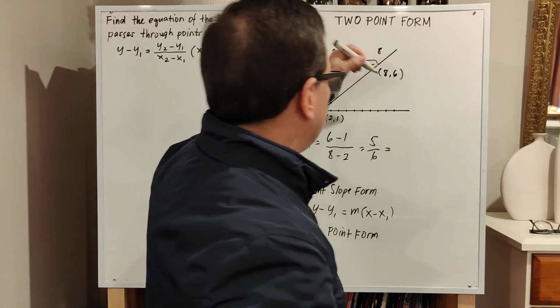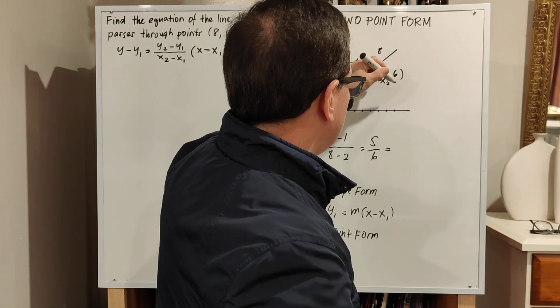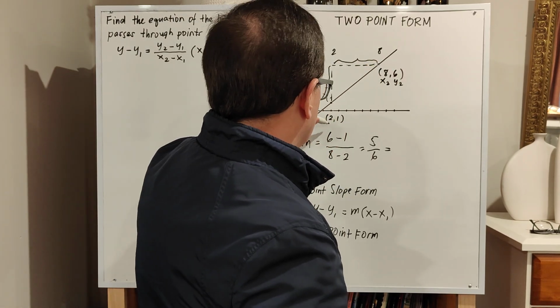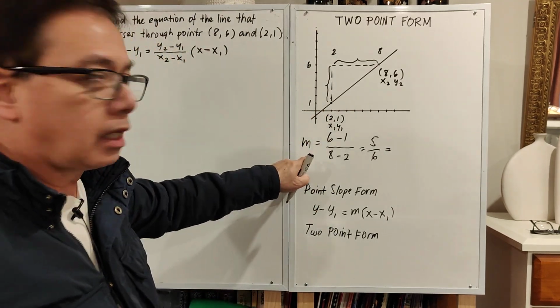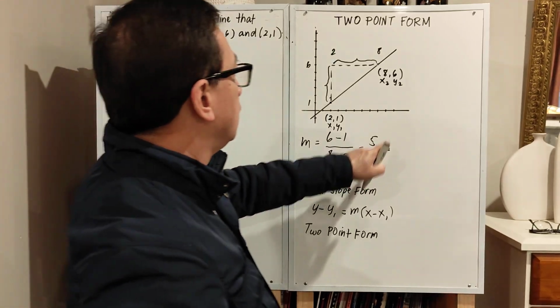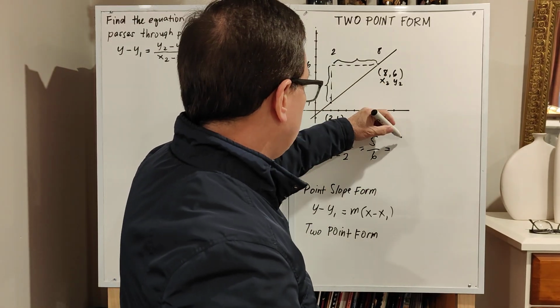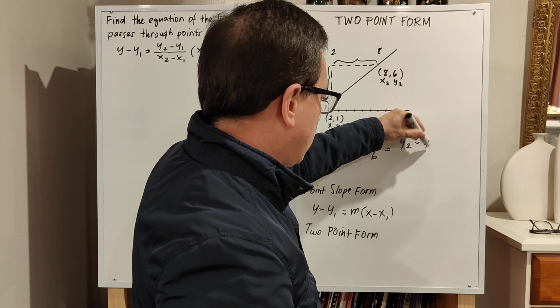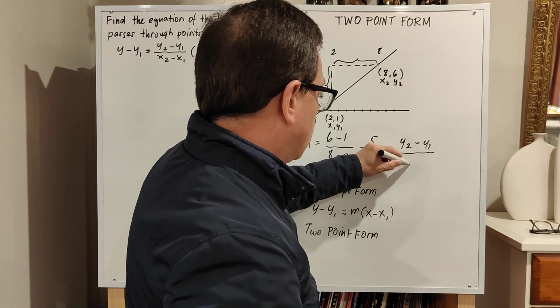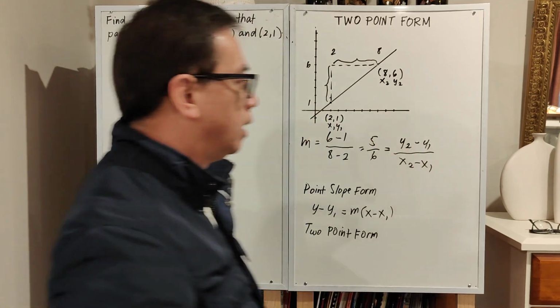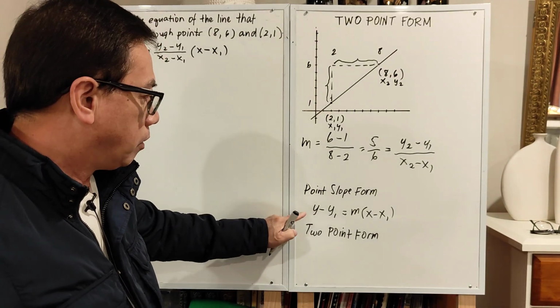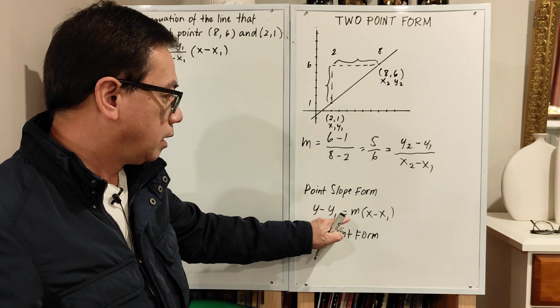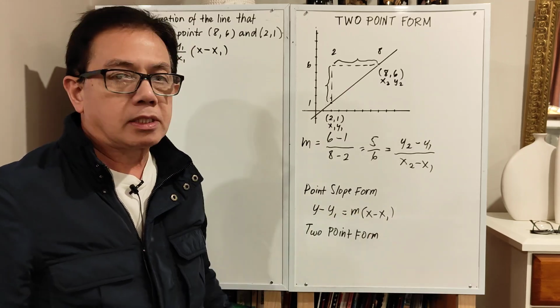Now we can generalize this formula of a slope. If we assign this as x2, y2, and this as x1, y1, we can generalize that the slope is y2 minus y1 over x2 minus x1. Now we previously discussed point slope form as this: y minus y1 is equal to slope times x minus x1.